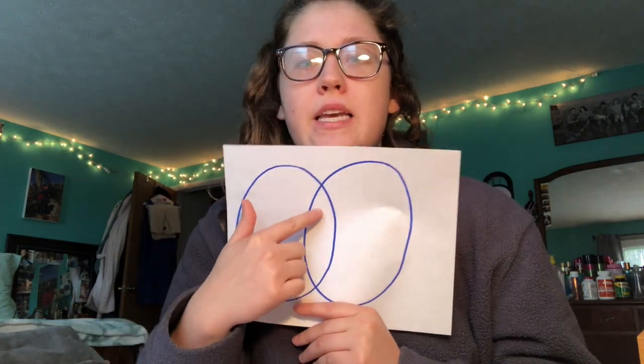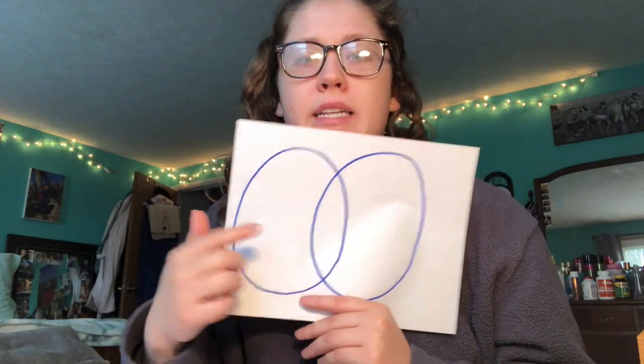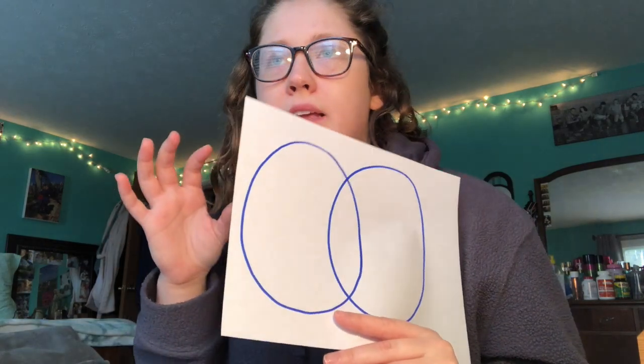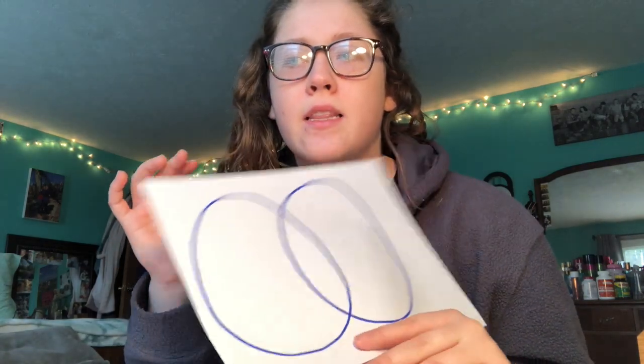But with this little tiny space right here, it's going to be the characteristics that they both have. So if we're doing a cat and a dog, the same characteristic would be like they have 4 legs, they have a tail, they can be a pet, things like that. Plus they have fur.